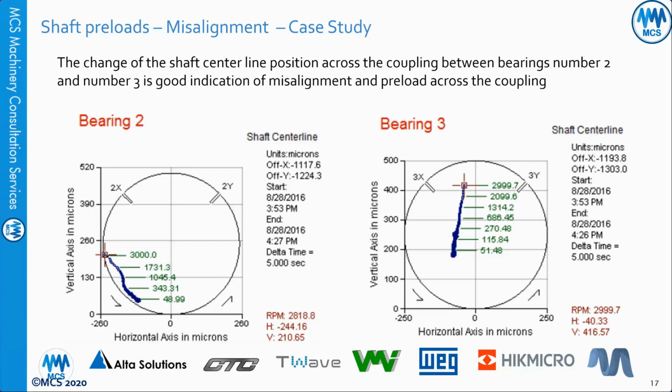Many things can affect this, like the speed of the shaft, the weight of the shaft, the amount of misalignment, and the temperature on the turbine being different from the temperature on the generator. So all of these things can affect the shaft center line position.